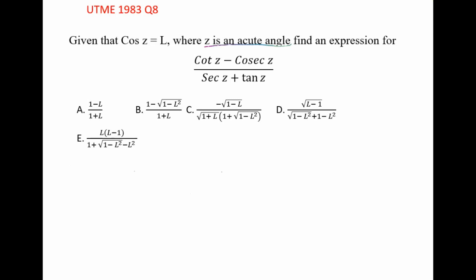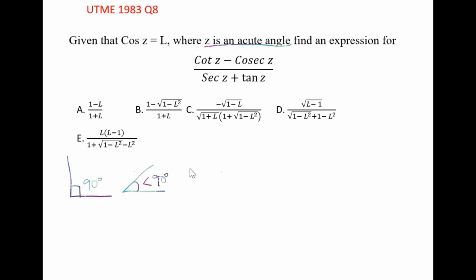When an angle is equal to 90 degrees, we call it a right angle. But if an angle is less than 90 degrees, then we call it an acute angle.